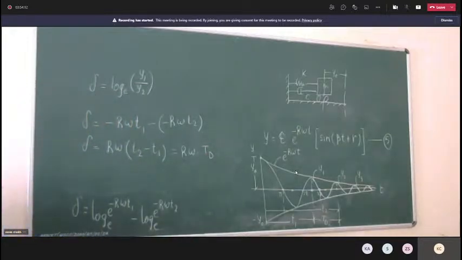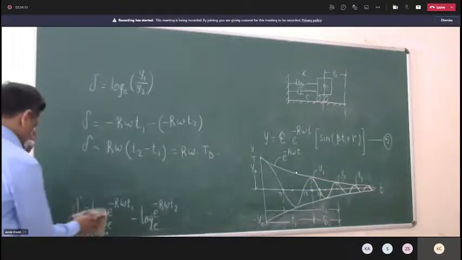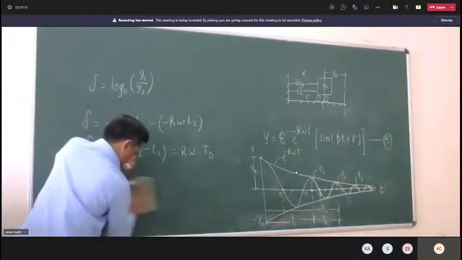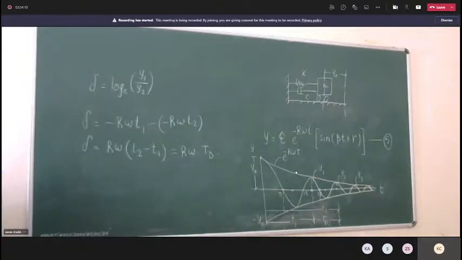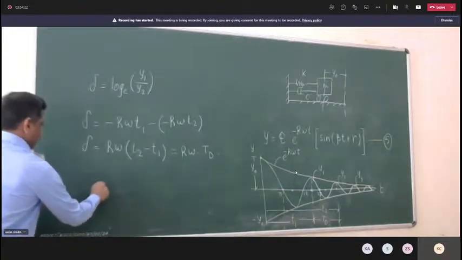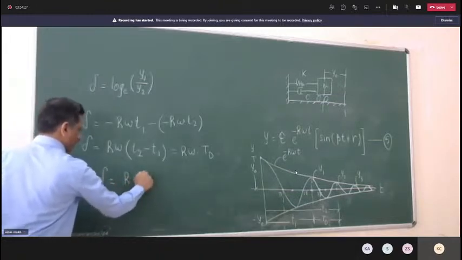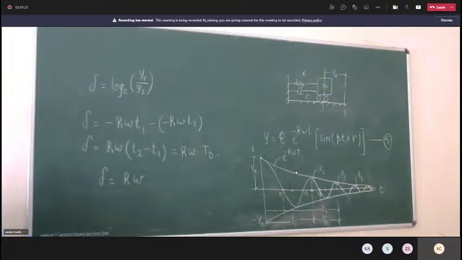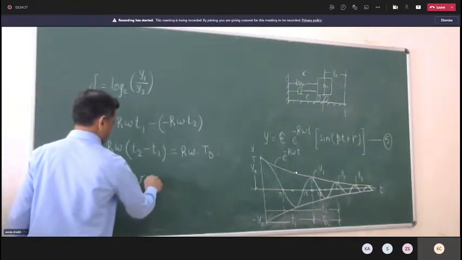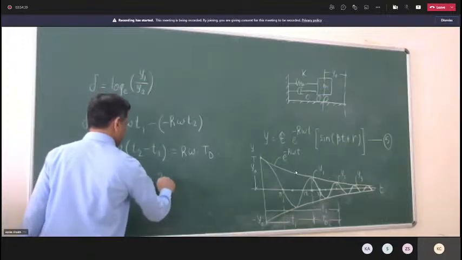Now substitute the equation of T_d that we have derived. Delta is equal to r omega, T_d is 2 pi upon omega dash.